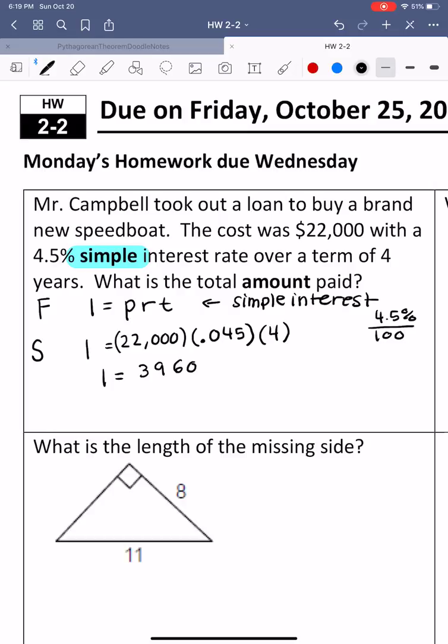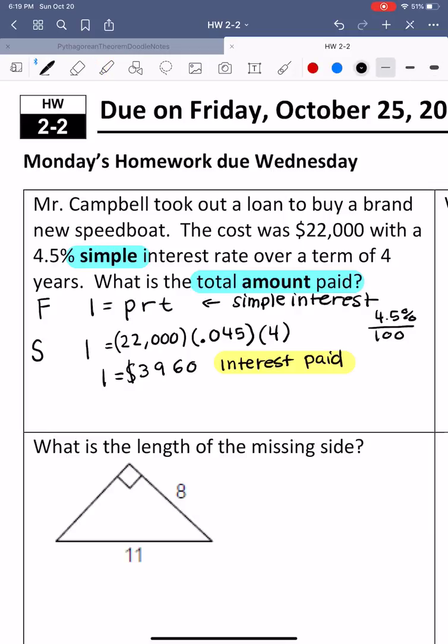But this amount of money here is the interest that Mr. Campbell paid on his loan. So this isn't the total amount, because in our question they're asking for the total amount paid, not this different one. This is interest paid. So these are both different amounts.